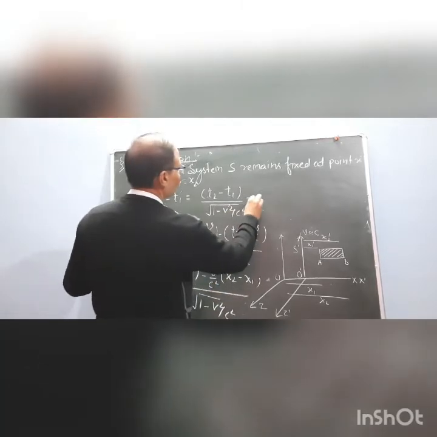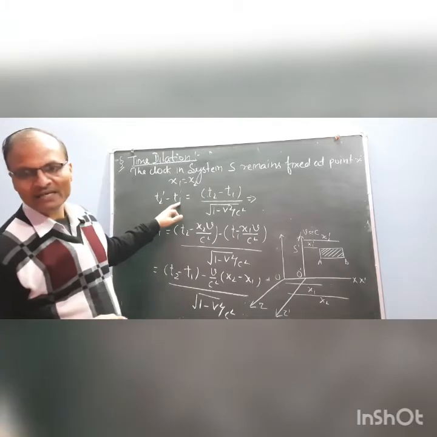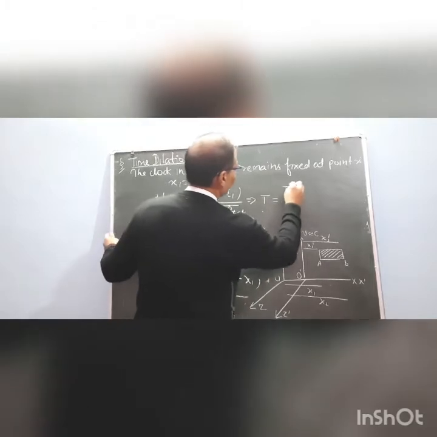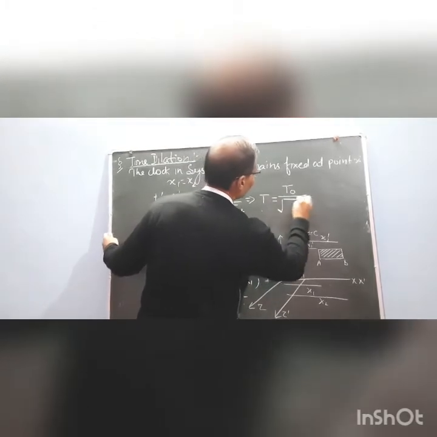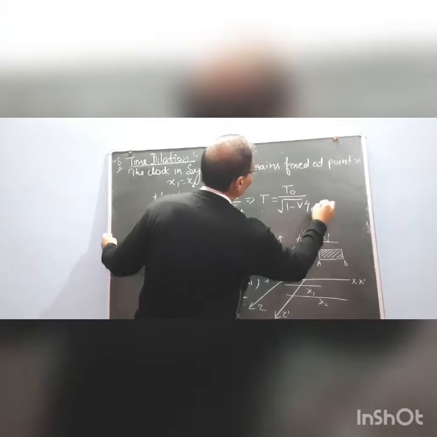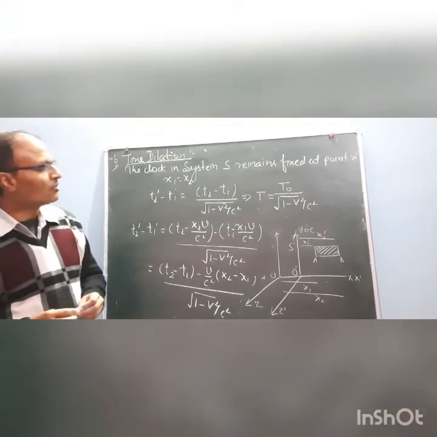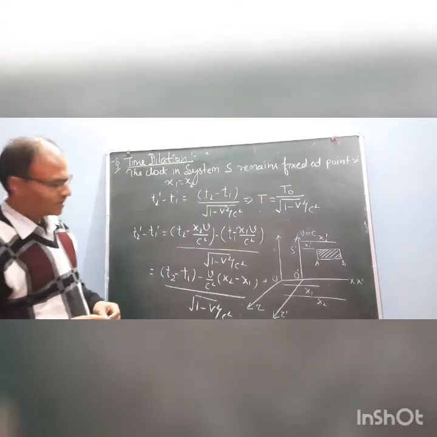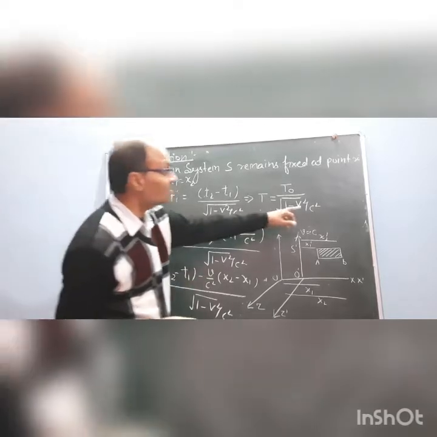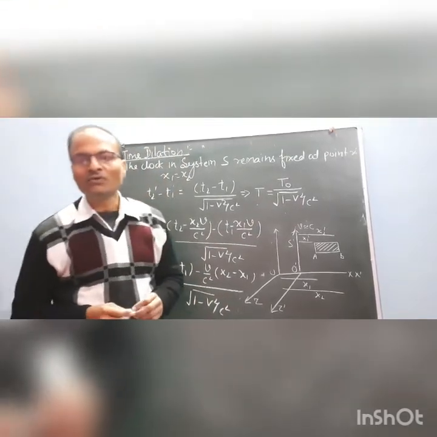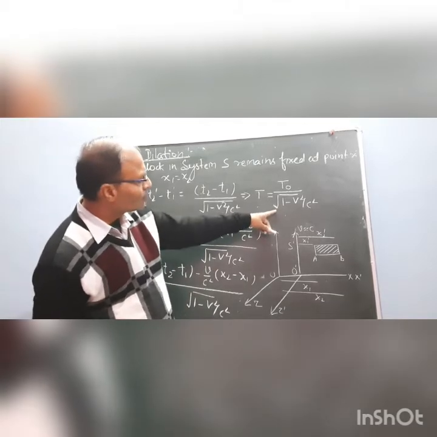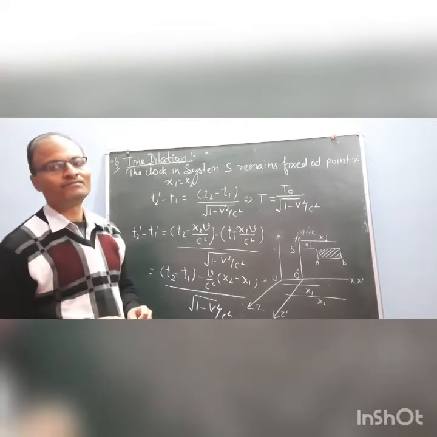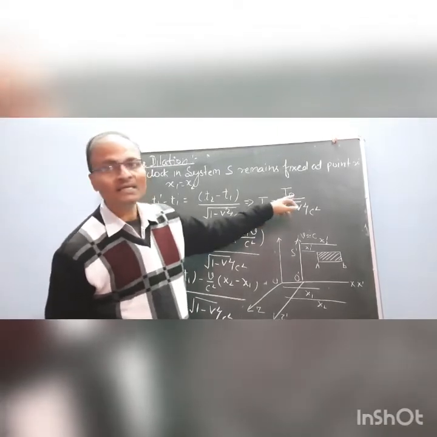So it implies that t2 dash minus t1 dash is t, and this one is t naught upon under root 1 minus v square upon c square. t equal to t naught upon under root 1 minus v square upon c square. If v is much lesser than c, then under root 1 minus v square upon c square is less than 1. Then t is greater than t naught.